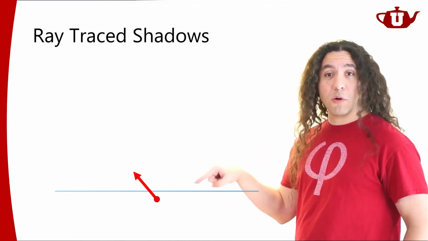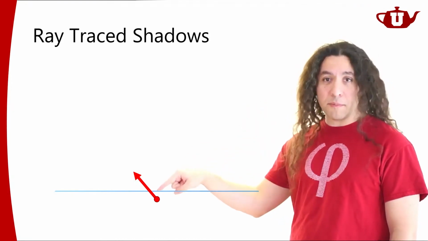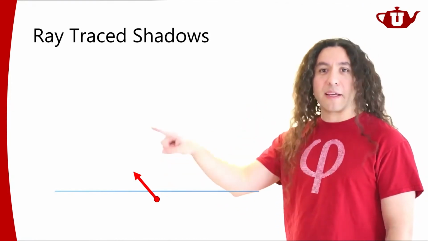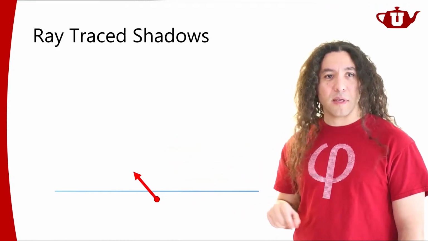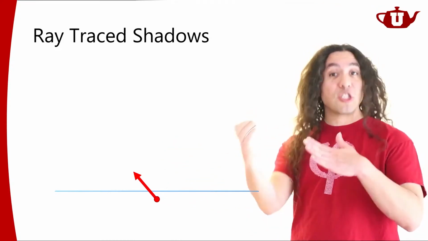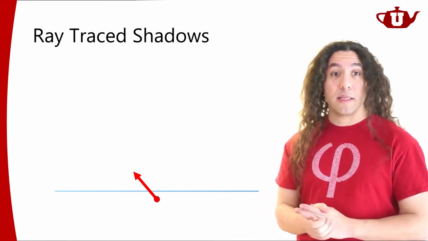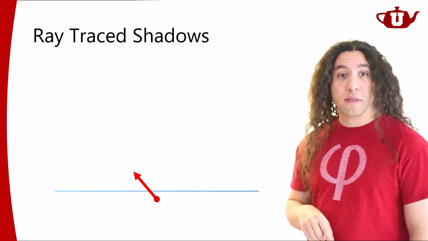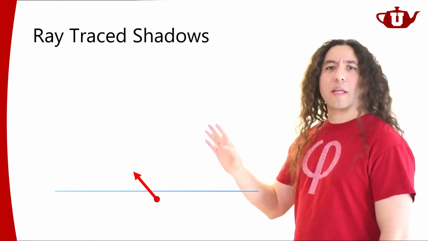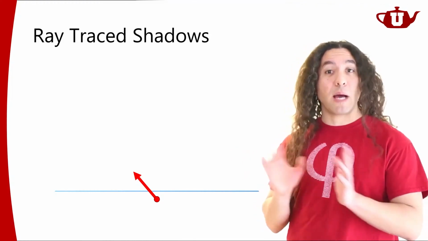So I can't just ignore this surface and say, oh, it's not going to cast any shadows when I'm tracing a shadow ray from this surface. Because the surface might shadow itself, and this might be something that I actually want to get, depending on how I define this surface. So just simply throwing it away is not a solution that will work in every case.